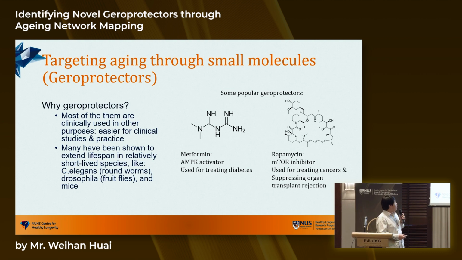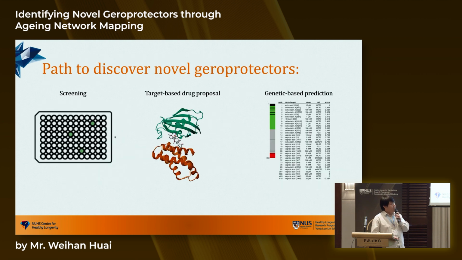There are many geroprotectors, and here we have some popular ones, such as metformin and rapamycin. I know some people are haters of metformin, but still, we have a really limited number of geroprotectors. There are many ways to discover geroprotectors. This is mostly in biology. One way is drug screening.